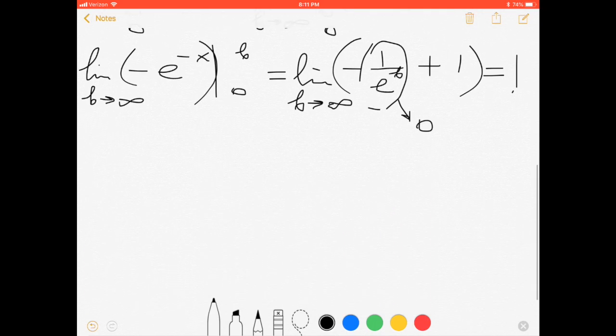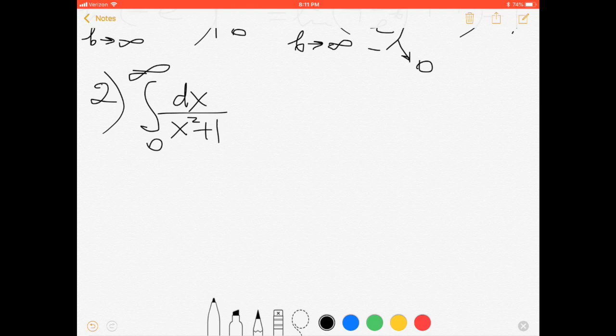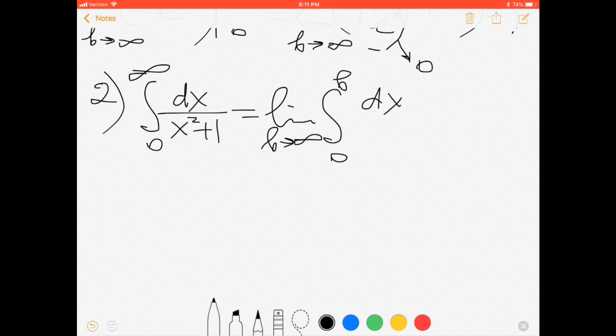Let's see more examples. Example 2. The integral from 0 to infinity of dx over x squared plus 1. It means the limit as b approaches infinity of the integral from 0 to b of dx over x squared plus 1. We remember this is arctangent.